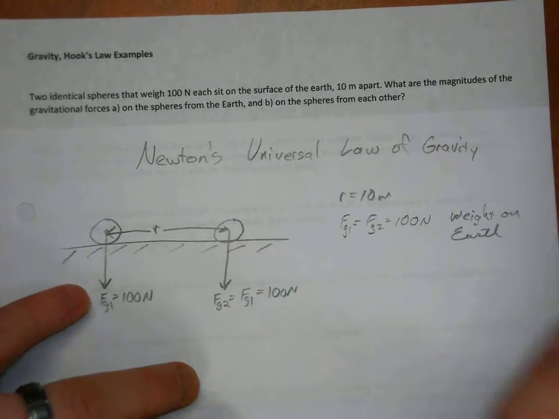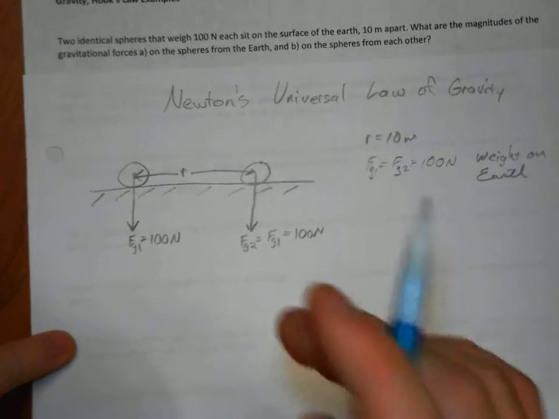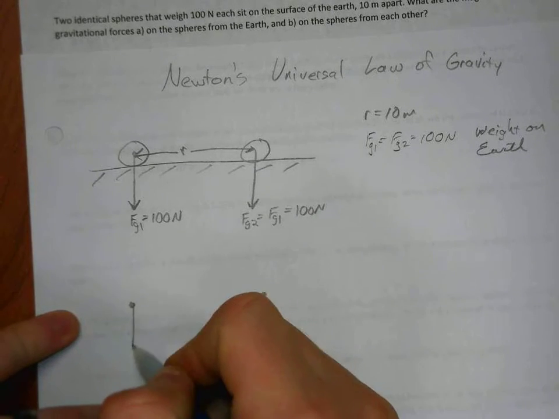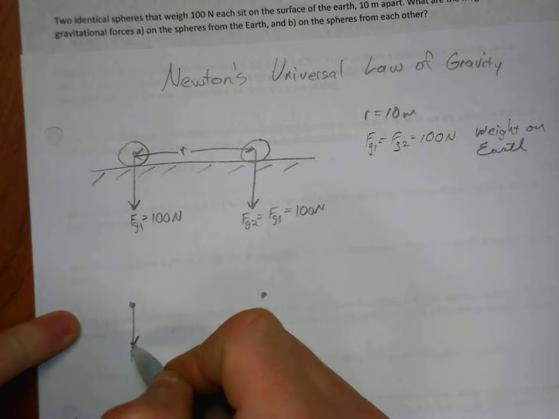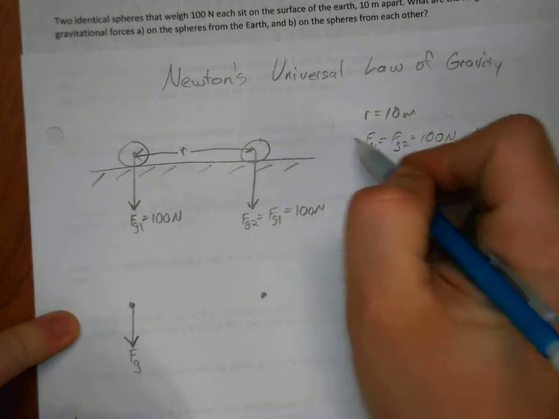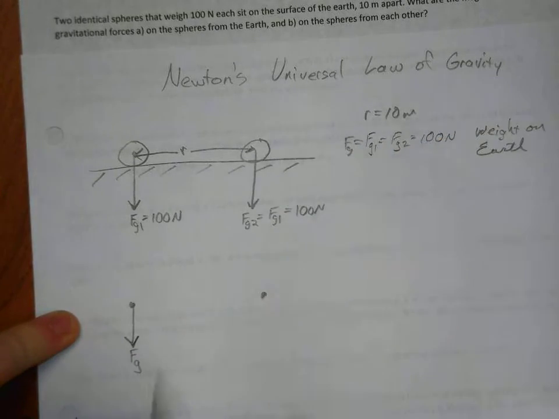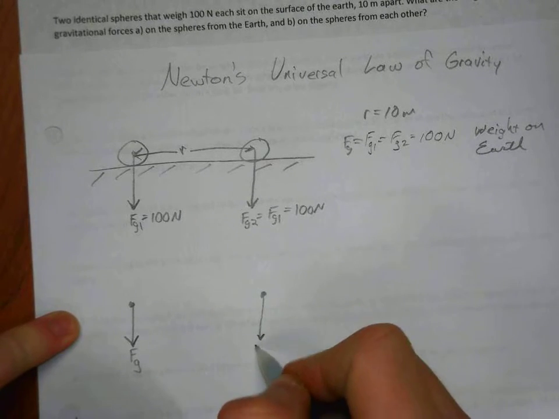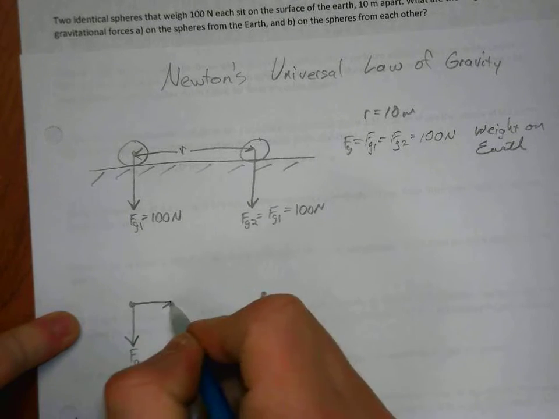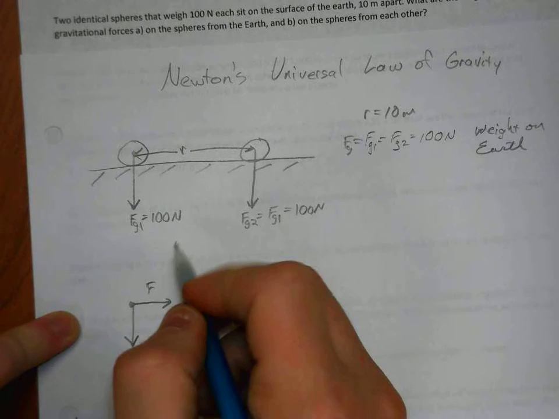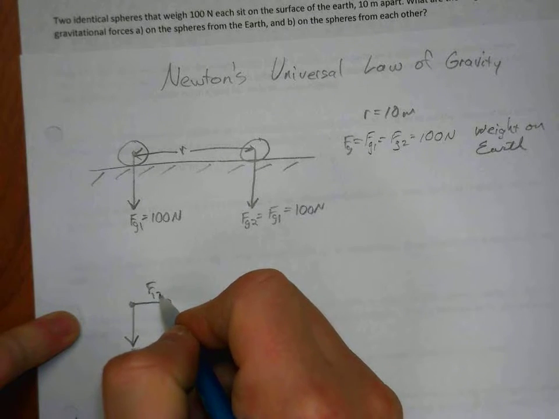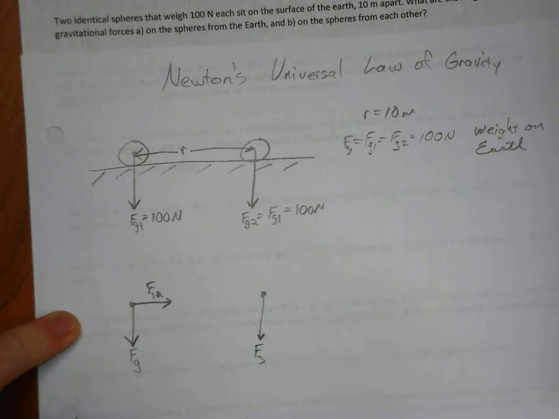Okay, so if I were to draw free body diagrams of these two spheres, you would have Fg. I'm just going to drop the subscript, call it Fg, because Fg1 and Fg2 are the same. And we have the force on object 1 from object 2. That's how I'll label it, F12.